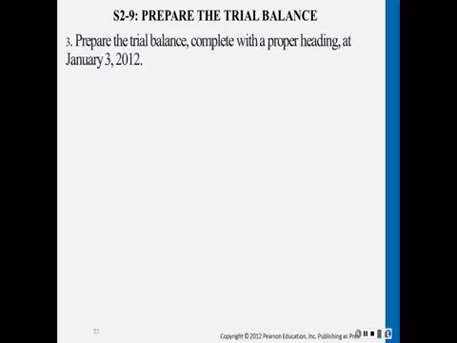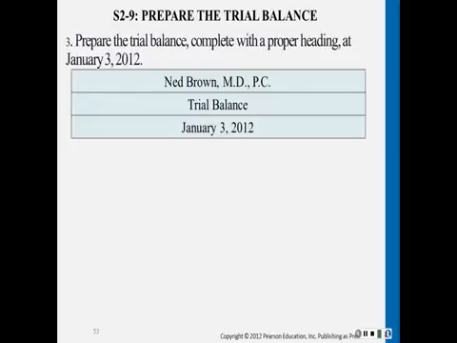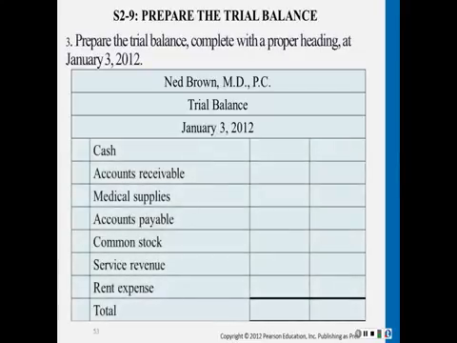In this exercise, S2-9, we're preparing a trial balance. We need to make sure that we have the proper heading. It always goes who, what, when, so we have Ned Brown, trial balance, January 3rd, 2012. Now we're simply going to go down the list and write the account title and its balance.